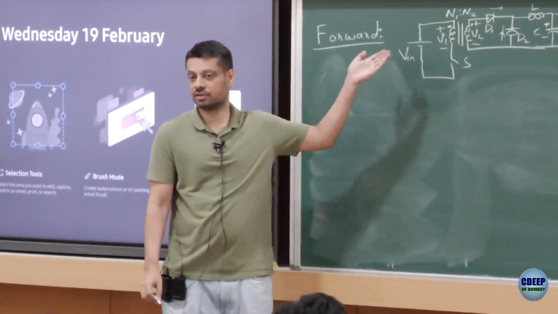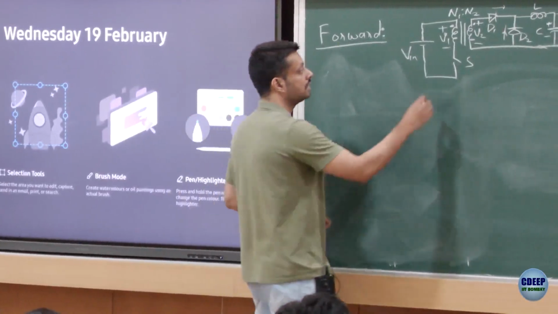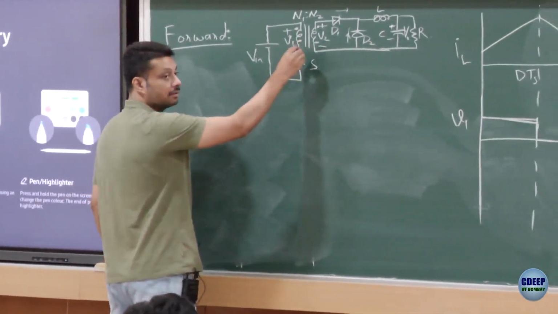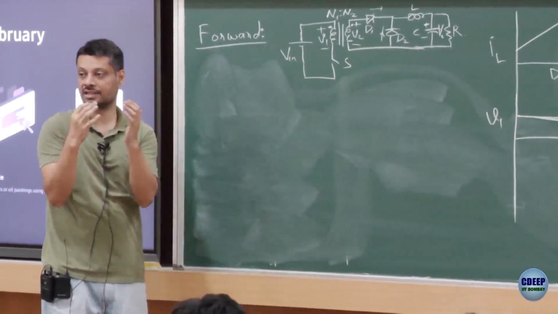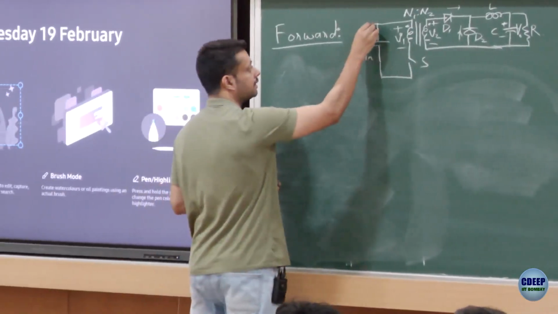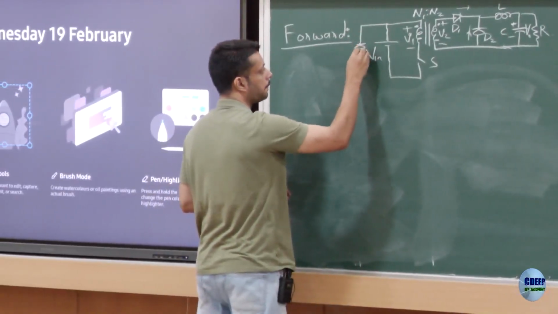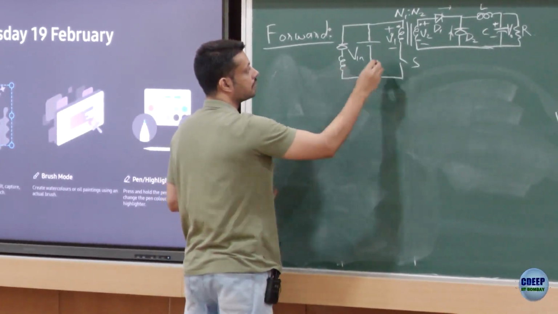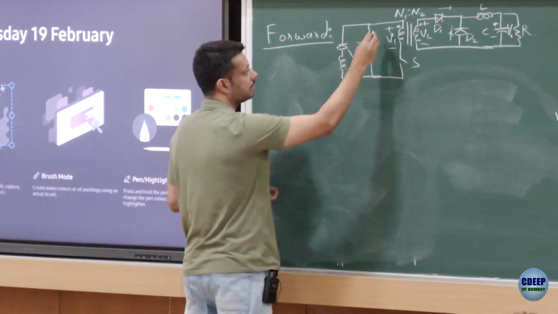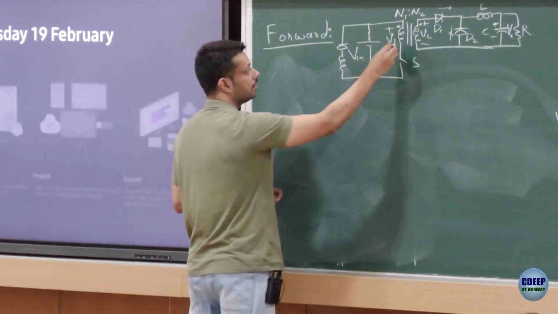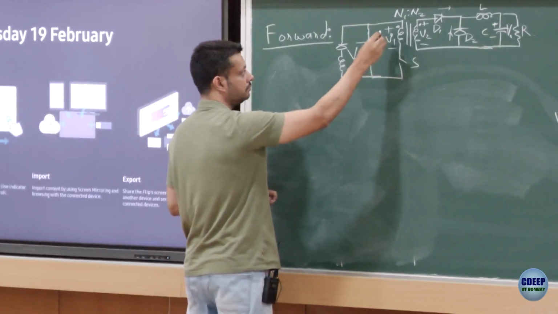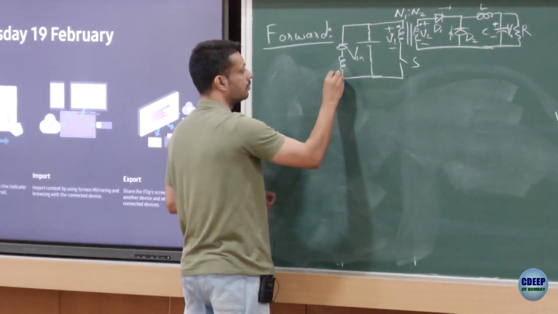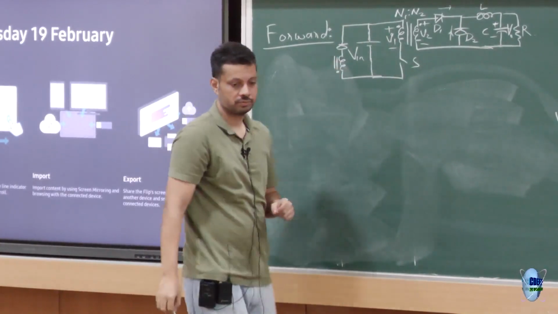In reality, instead of this circuit, what we use is one more winding on the same core. So now there are 3 windings, and the third winding, that's how we put the third winding, on the same core, right?